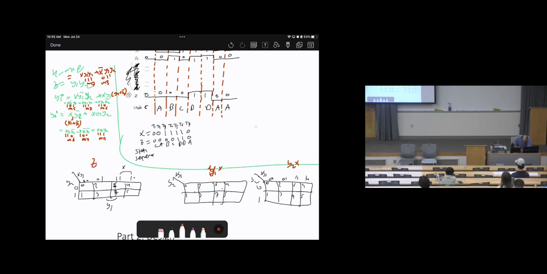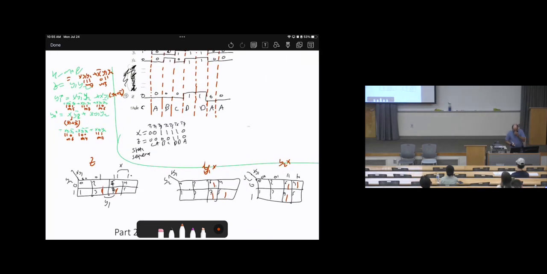M7, M3. So for Z, we have ones at M3 and M7. For Y1 star, we have 5, 6, 7. While for Y2 star, it will be 4, 6, 7.